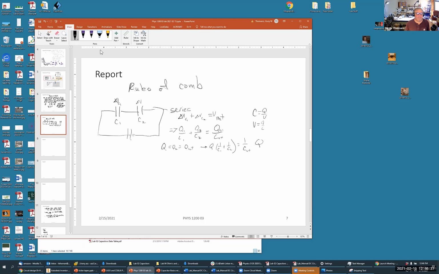One of the rules of series circuits is that for the two circuit elements here, the voltages across them have to add up to the battery voltage. Excuse me. Okay, then that's series.